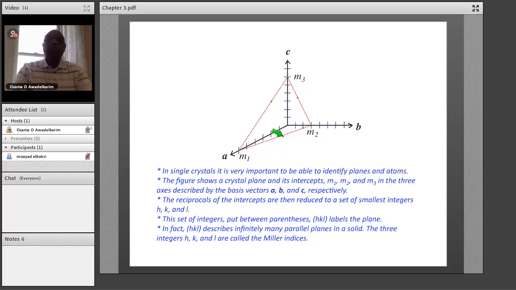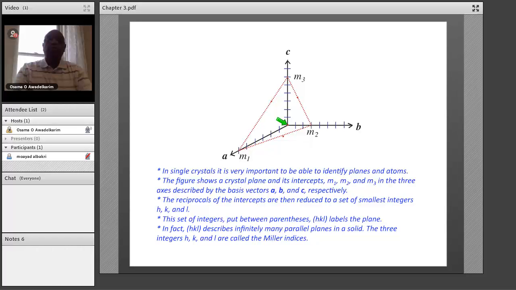The way to do that: here we have an origin, and this origin need not be one single origin in the whole crystal. You could translate from one origin to another origin. And as you can see, the way we define planes and directions does not depend on where the origin is.